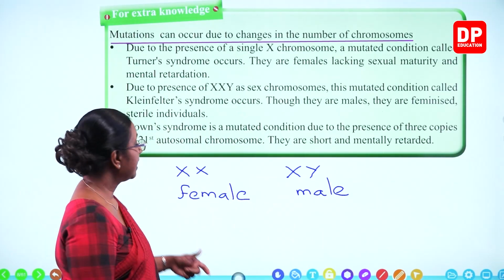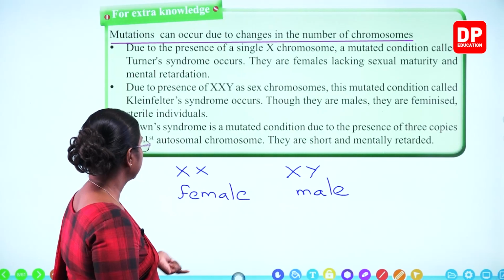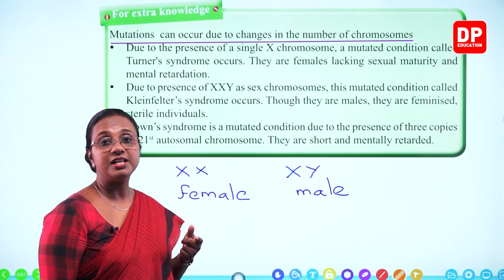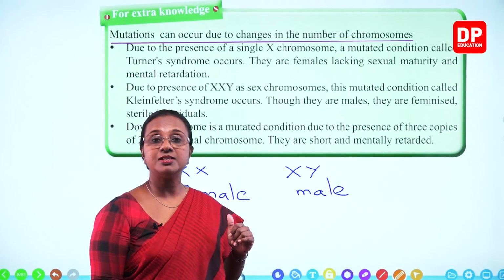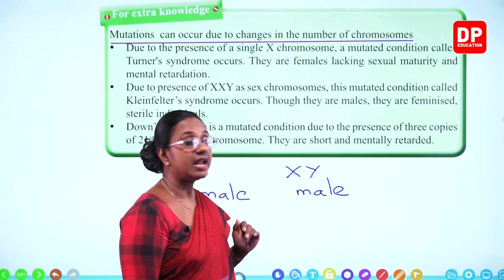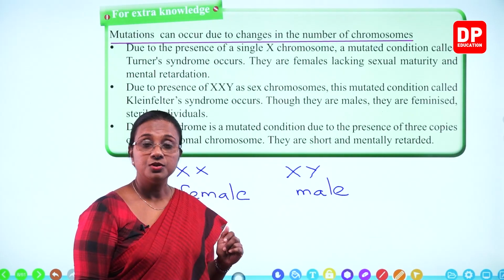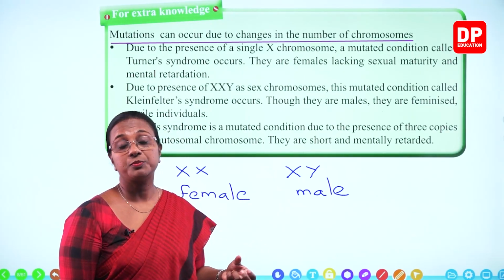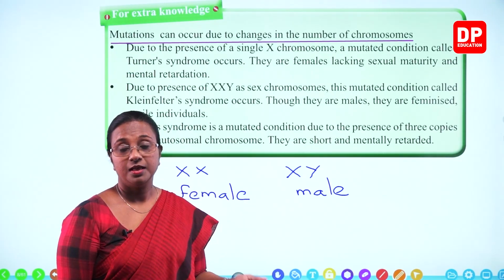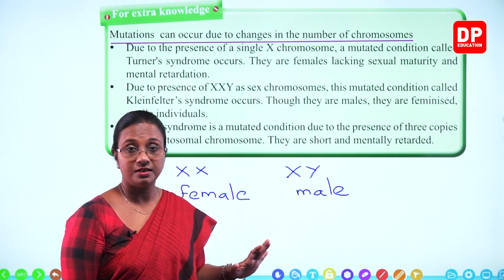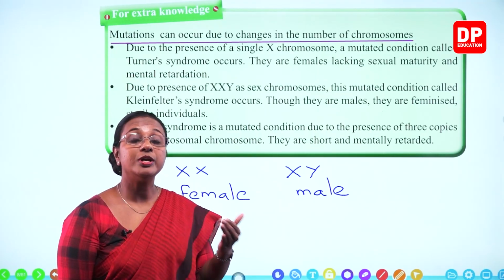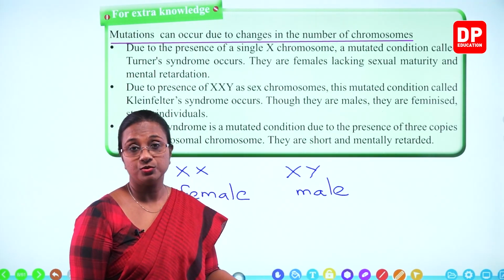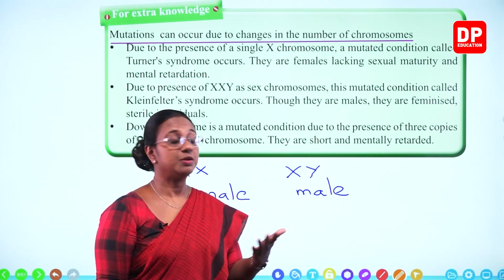But there can be instances where there is an additional X chromosome, or an additional Y chromosome. So there the number of chromosomes varies. It is not going to be 23 pairs. There is going to be an additional chromosome. So that is a mutation.